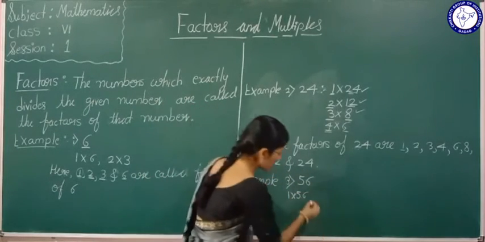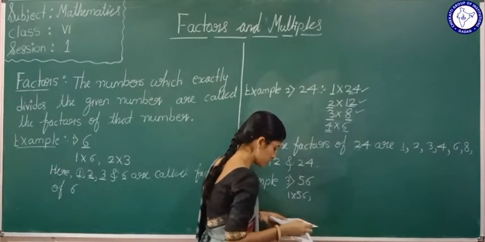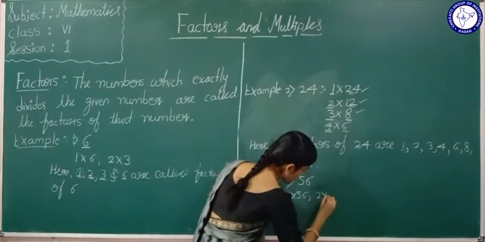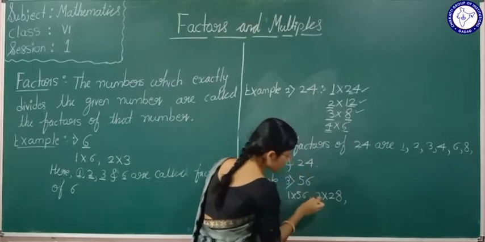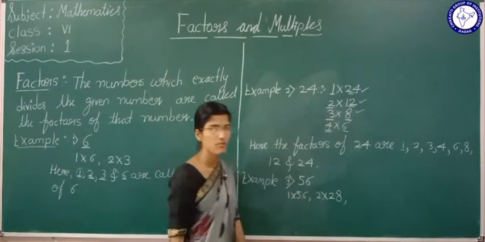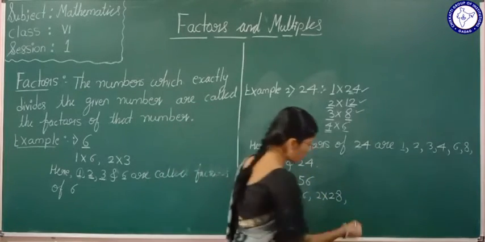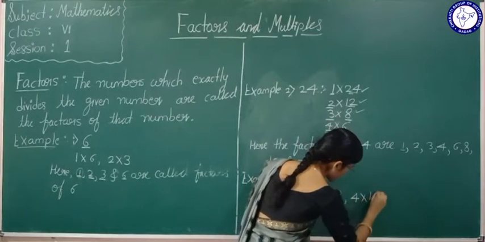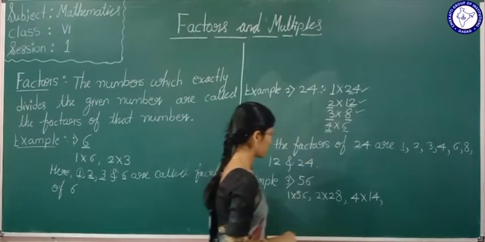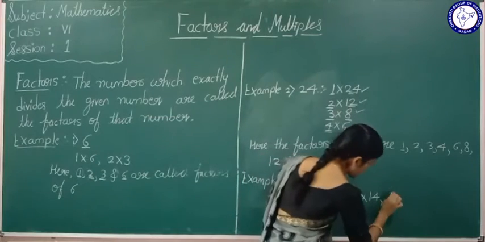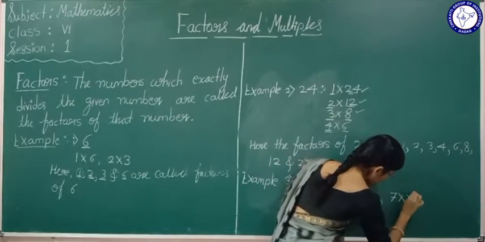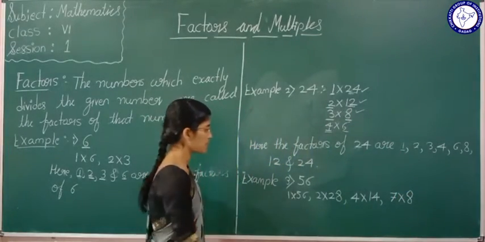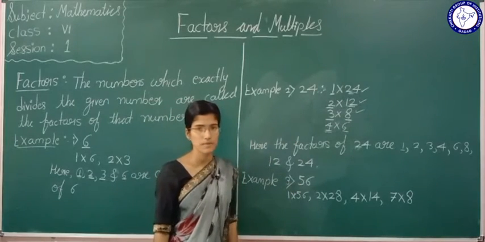Again 2 multiplied by 28 is 56. 4 14s is 56. And it can be written as 7 multiplied by 8. 7 multiplied by 8 is 56.